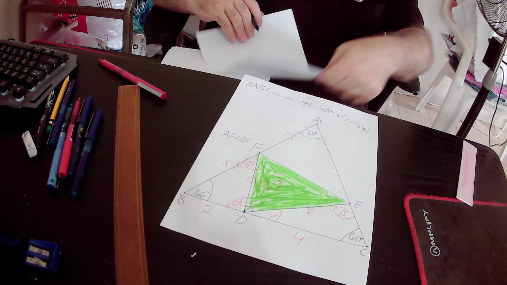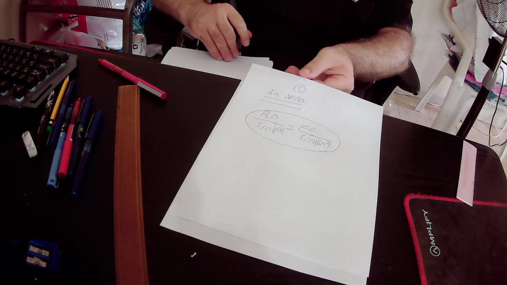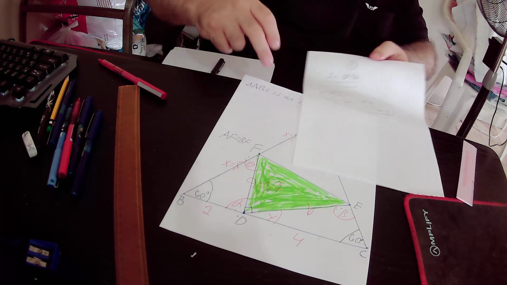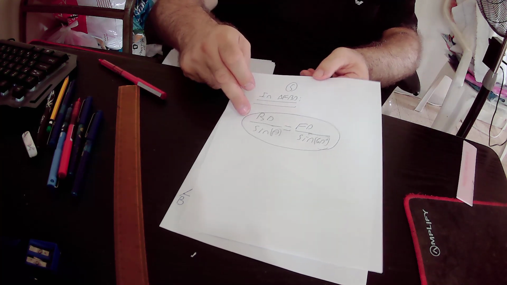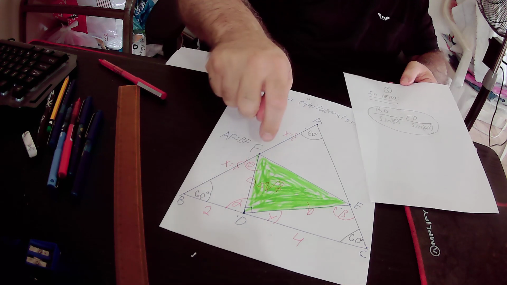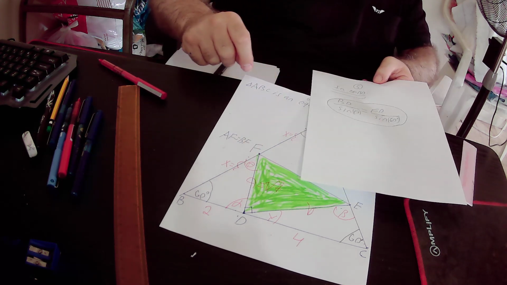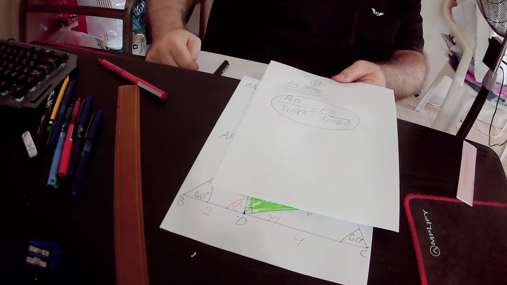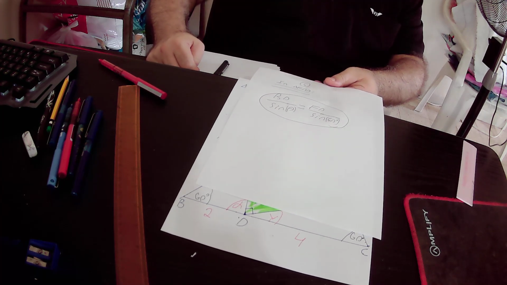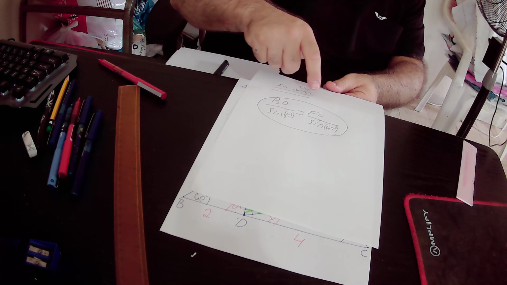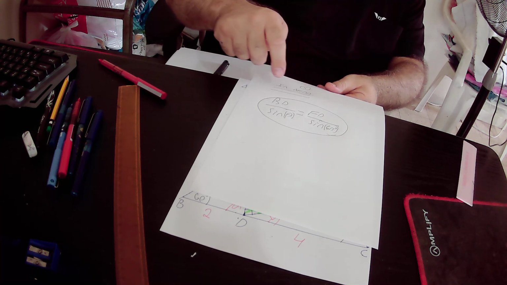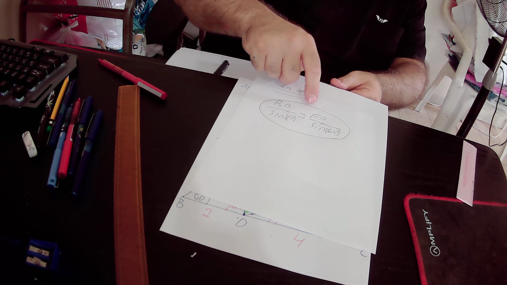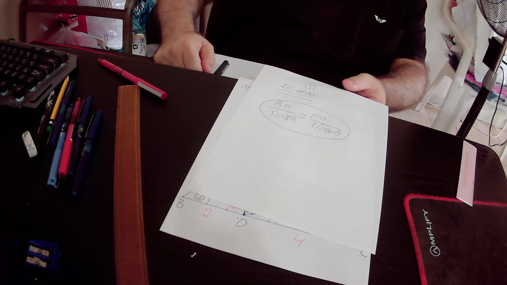Again, according to the law of sines, in the small triangle FBD, BD over sinus theta equals FD over sinus 60 degrees.